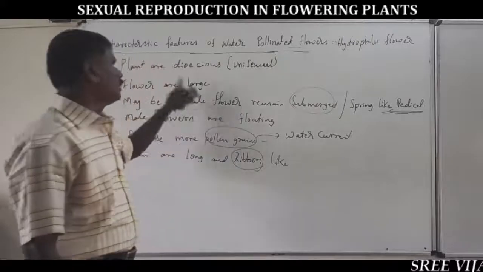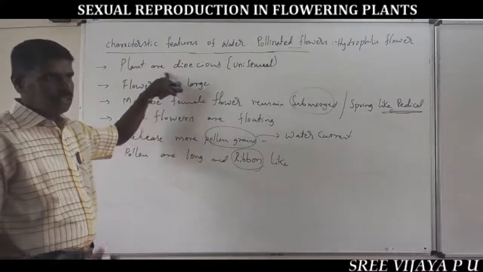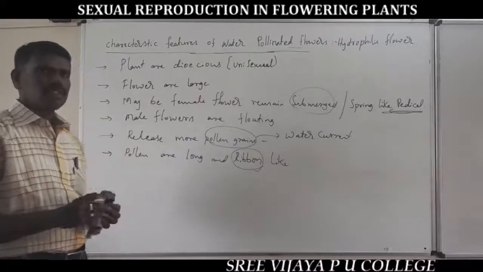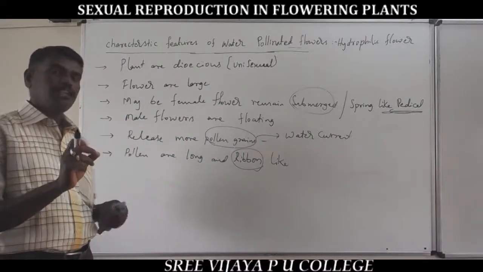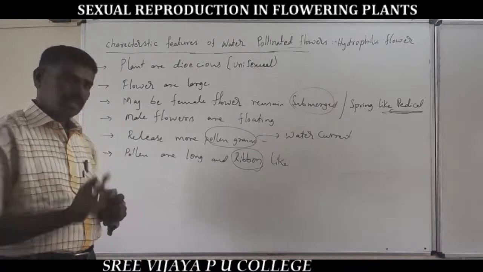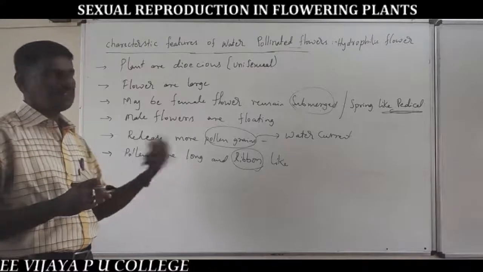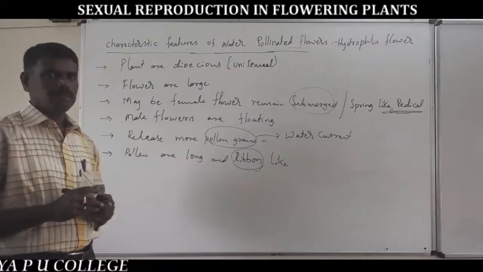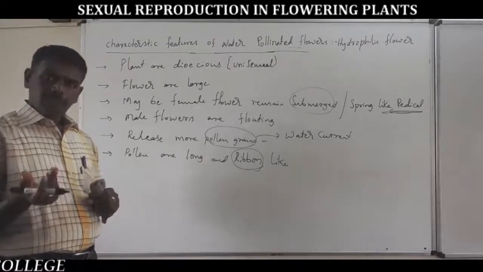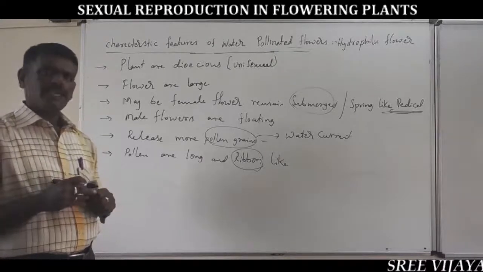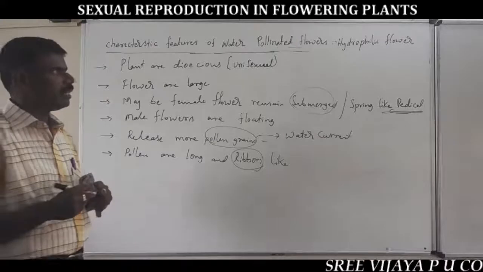Most of the plants are dioecious with unisexual flowers: the male reproductive part, the androecium, is present in a separate flower, and the female reproductive part, the gynoecium, is present in a separate flower. But those flowers may also be present on the same plant.